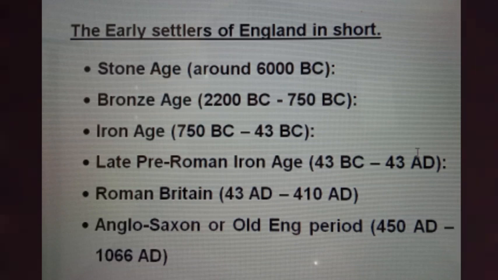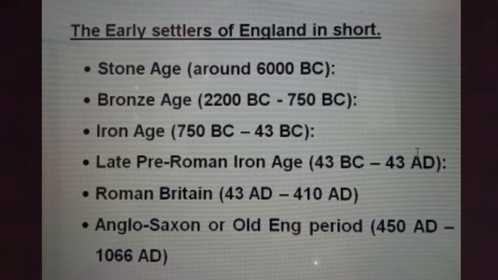So remember once more, the early settlers of Britain, period-wise. We can start from the Stone Age, around 6000 BC. Then the Bronze Age, 2200 BC to 750 BC. Then the Iron Age, 750 BC to 43 BC.